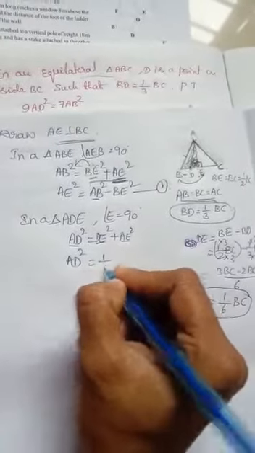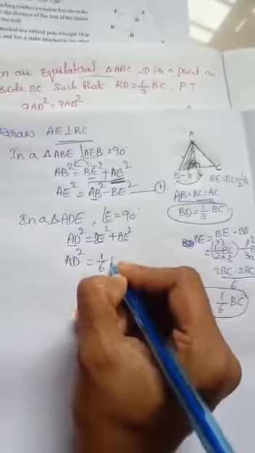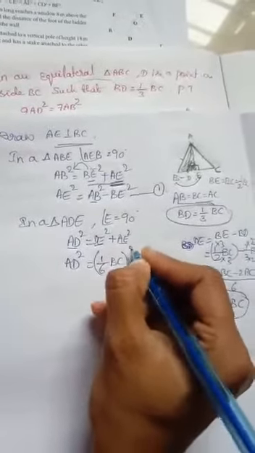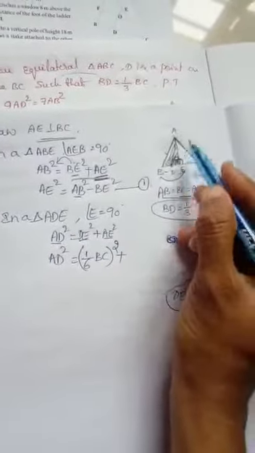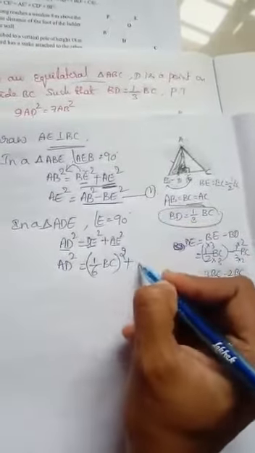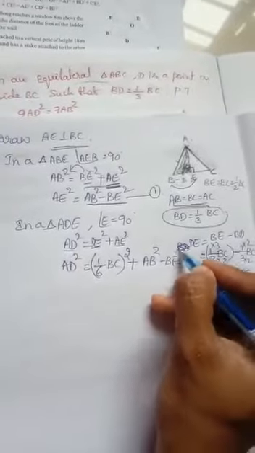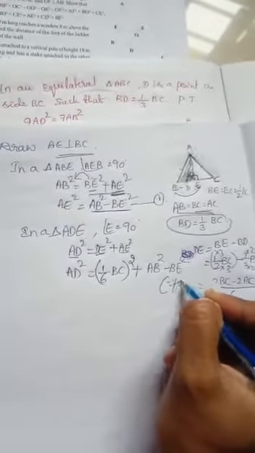Therefore, by substituting the value of DE in the formula, (1 by 6 BC) whole square plus the value of AE square, which is AB square minus BE square from equation 1.